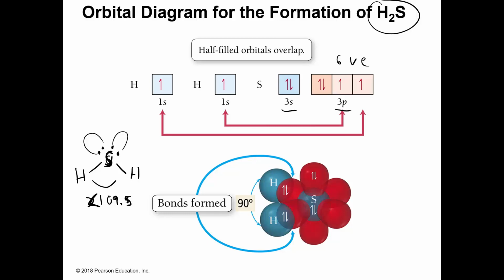Because in order to make a bond, you can take one of these electrons from hydrogen and pair it up with a p orbital. The simplest thing that we've looked at is 2 hydrogens overlapping to make dihydrogen. That's the simplest model that we've looked at, and this works here as well, right?